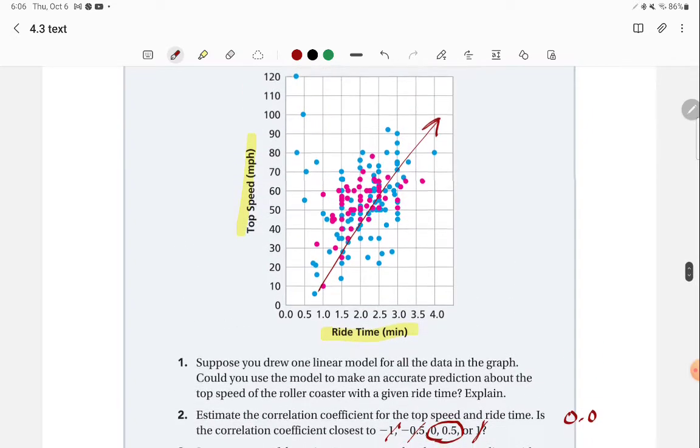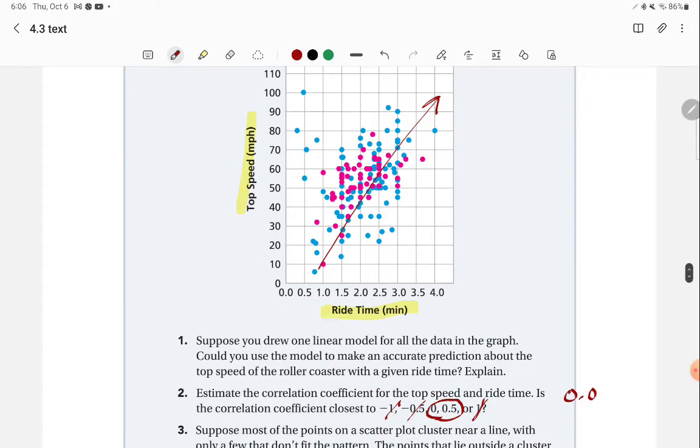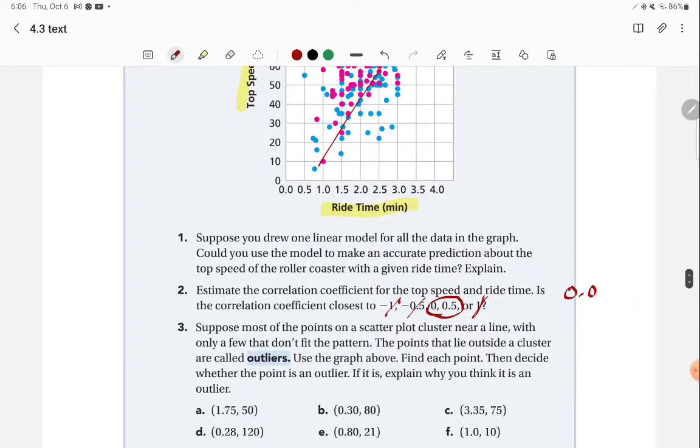There's very little relationship between the ride time and the top speed. So on 2, I would accept either 0 or 0.5. It's somewhere in between. It's probably closer to 0. Mathematically, it's actually 0.24. So that's why I would accept either one of those. Again, we are not finding this. We don't have the tools to find that right now.